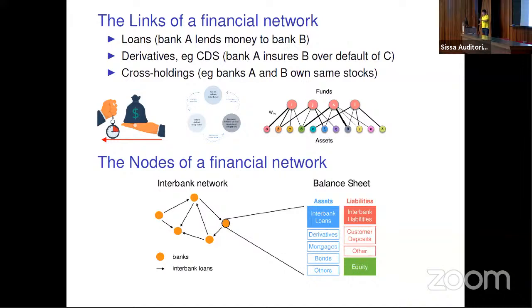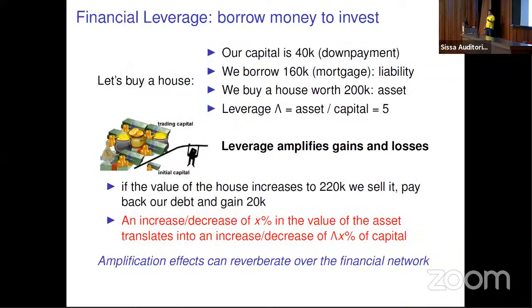So this internal structure is what generates the network, as will hopefully be clear in the next slide. Financial networks arise because of the very reason for which finance exists, which is leverage. Leverage is a simple concept, but let me wrap it up with a nice example. Imagine that we want to buy a house and we have 40,000 euros.